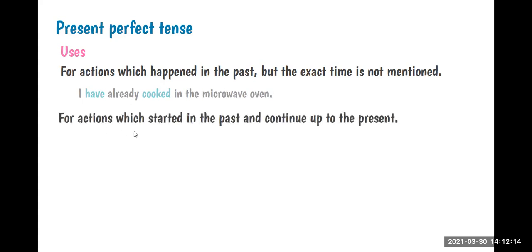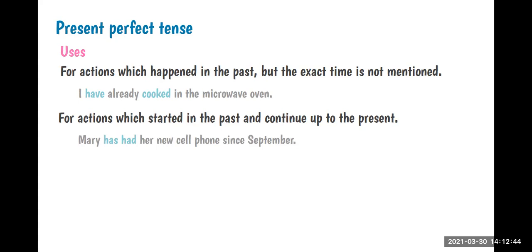Then for actions which started in the past and continue up to the present, as your partner said. Okay, for example, Mary has had her new cell phone since September. So she bought her new cell phone in September, okay, and she continues having this cell phone.